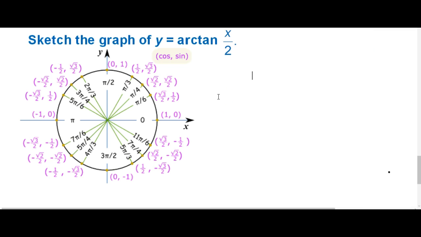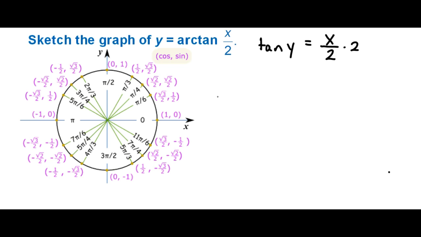So my suggestion for this would be to get this in terms of something we're more familiar with, which in this case is tangent. So if we have y equals arc tangent of x over 2, we can take the tangent of each side. So tangent of the left would be tangent of y. Tangent of the right, if I'm taking the tangent of an arc tangent, I'm simply going to end up with x over 2.